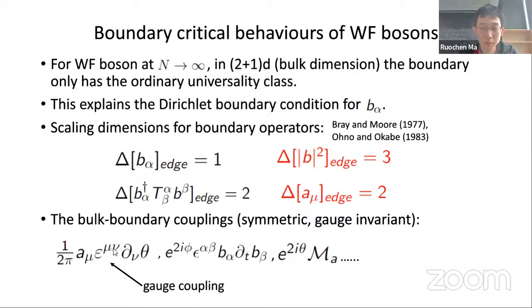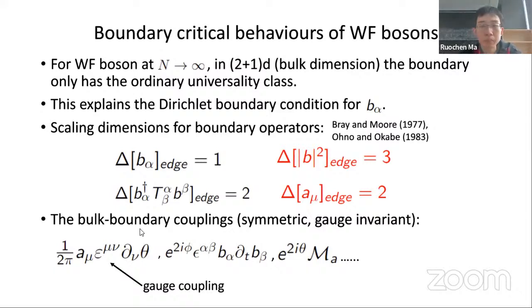So there are a lot of possible couplings. You have to write down all of them by brute force, and it's a pretty boring exercise, and I won't list all of them. But I will explain some important ones. For example, here, the first term, this coupling, is simply the gauge coupling at the edge.